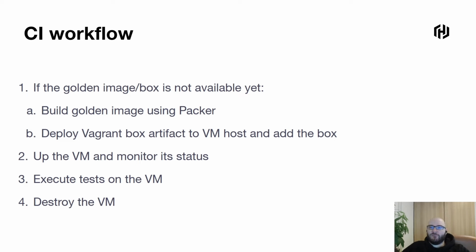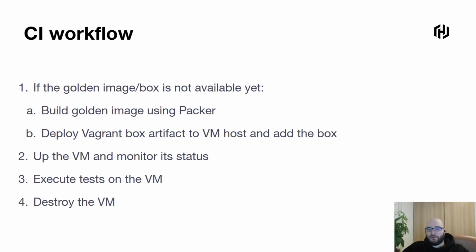Our general CI workflow looks something like this. If the golden image, so in our case the Vagrant box, is not available yet, we build it using Packer, and then we deploy this Vagrant box to the target VM host and add the box using the vagrant box add command. As a next step, we up the VM and monitor its status.